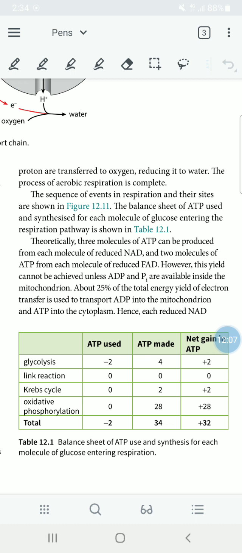Next point, the highest yield of ATP is obtained during oxidative phosphorylation.